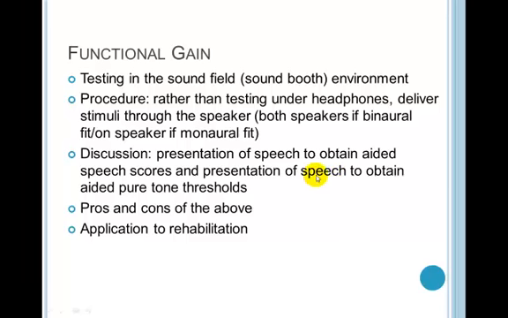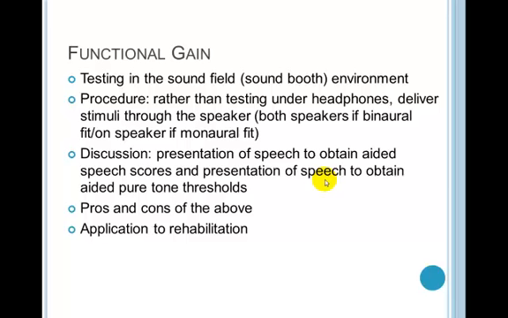So when we present tones, we present a narrowband noise centered around that frequency. We've talked about narrow bands in basic audiology. We can present narrow bands at 250 hertz, 500 hertz, 1,000, 2,000, 4,000, and 6,000. We can present across the frequency range through the speakers and give the same instructions.